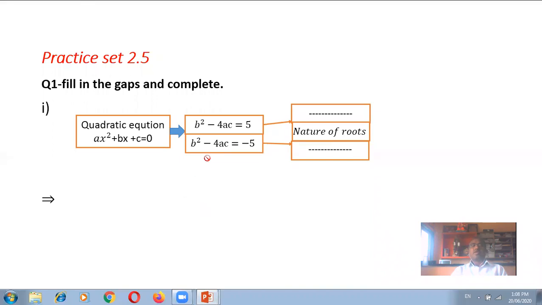Second nature of roots: when b square minus 4ac, the value of discriminant, is less than 0, that is a negative number, therefore the roots of the given equation are not real. Therefore, fill in the gaps of this question.